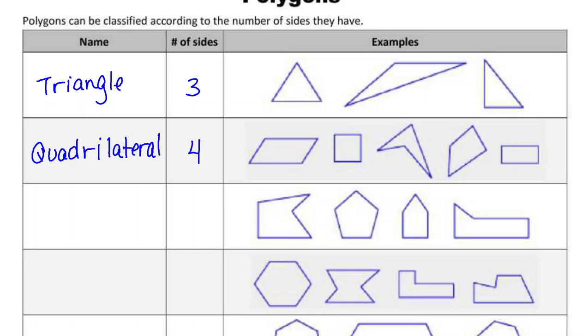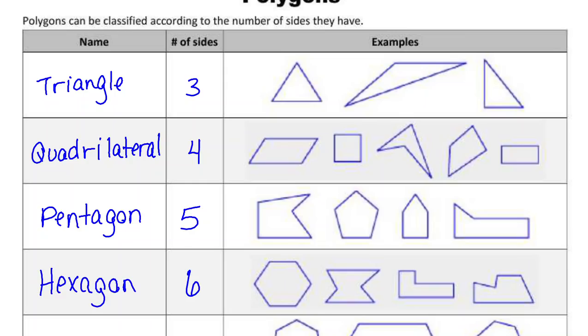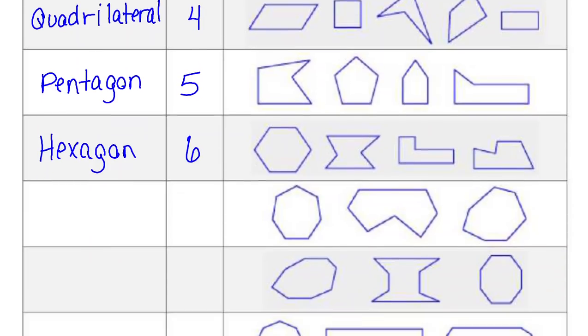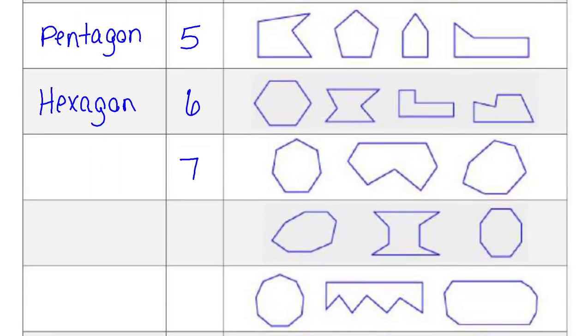The next one is five-sided, and it's called a pentagon. 6 is a hexagon. 7 is a heptagon. 8 is an octagon, like an octopus.